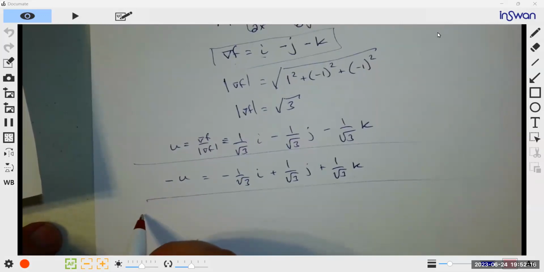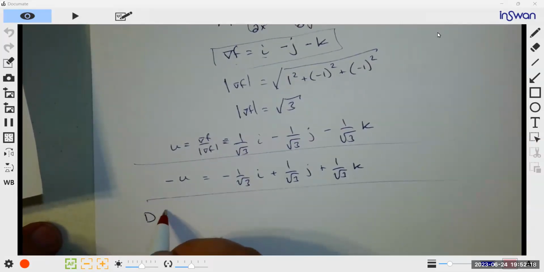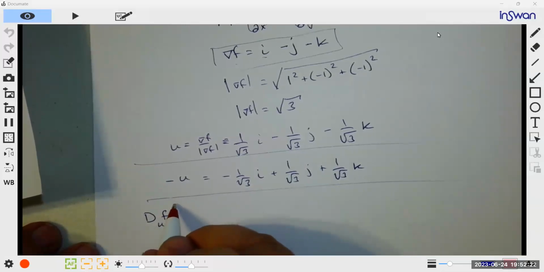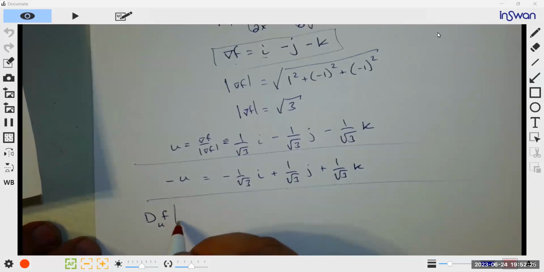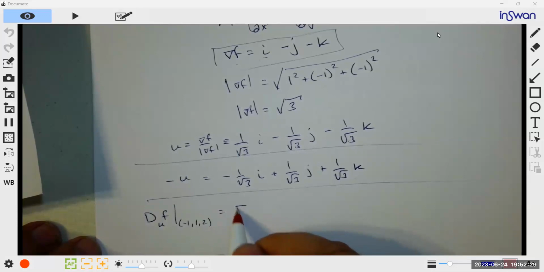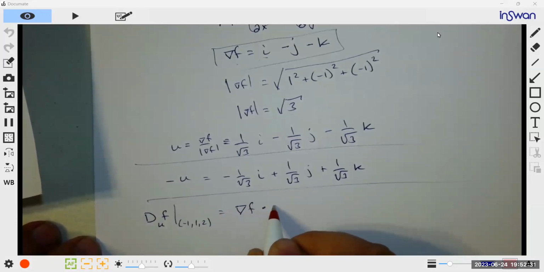The next question says the derivative of f in the direction of u at the point -1, 1, 2. Again, that's the del operator dot u.